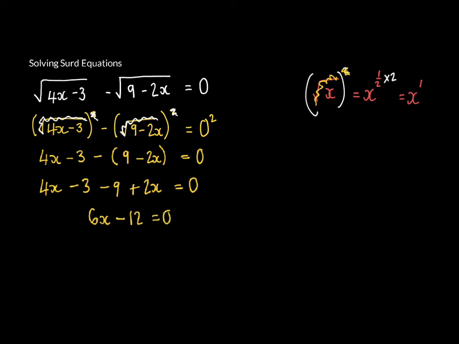And then I'll isolate x in order to answer for this. So 6x is equal to 12. And I'm going to divide both sides by 6. There we go. Therefore, x is equal to 2. And that's how we solve for this particular sum.